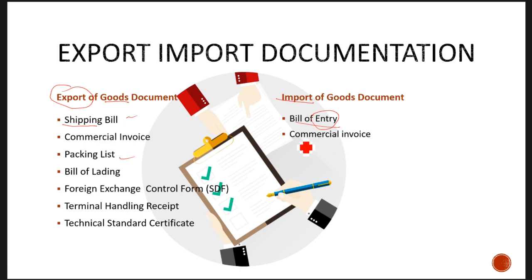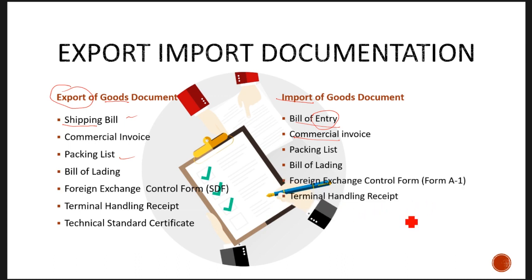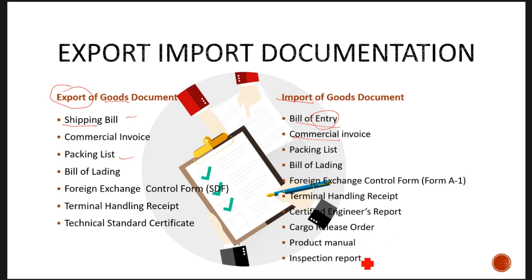They will also need to have the commercial invoice and packing list as well, so they will know which one is their products when they are receiving them, and bill of lading, foreign exchange control, terminal handling receipt, certificate, engineer's report, and the last ones are cargo release order and product manual. So these are the necessary documents for the importers before they receive the products or the goods.